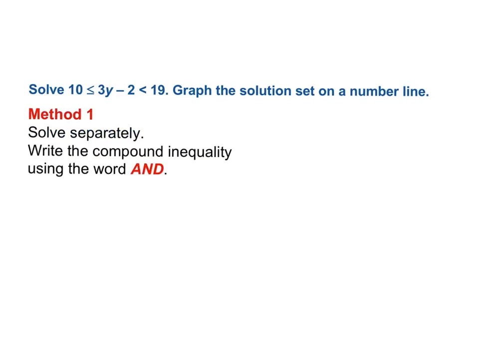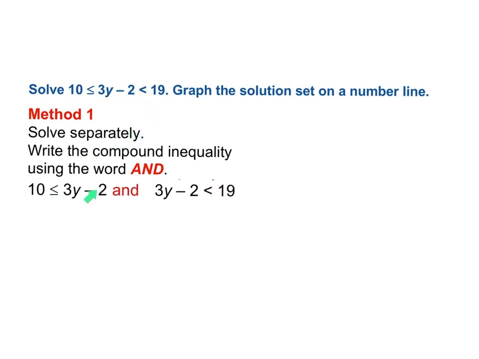So the first method is to actually separate these into two separate inequalities, and then write the word and in between, and then solve each of them. So let me show you the setup for that. So it would just look like this.